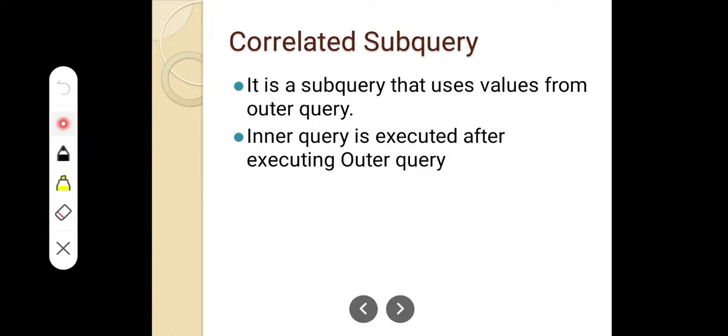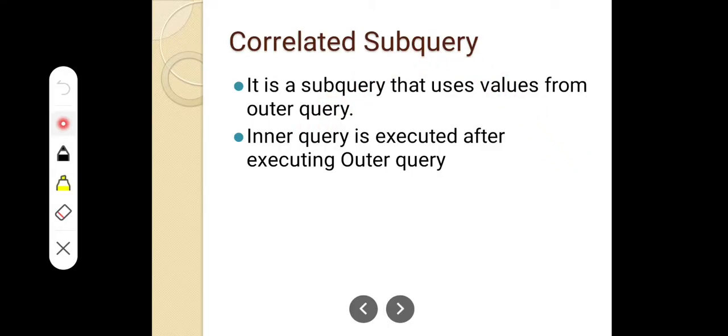Next we can see correlated subquery. A correlated subquery is a subquery that uses a value from the outer query. That means it executes the outer query first, and then that value is given to the inner query. Again the inner query will be executed, then it comes back to the outer query.